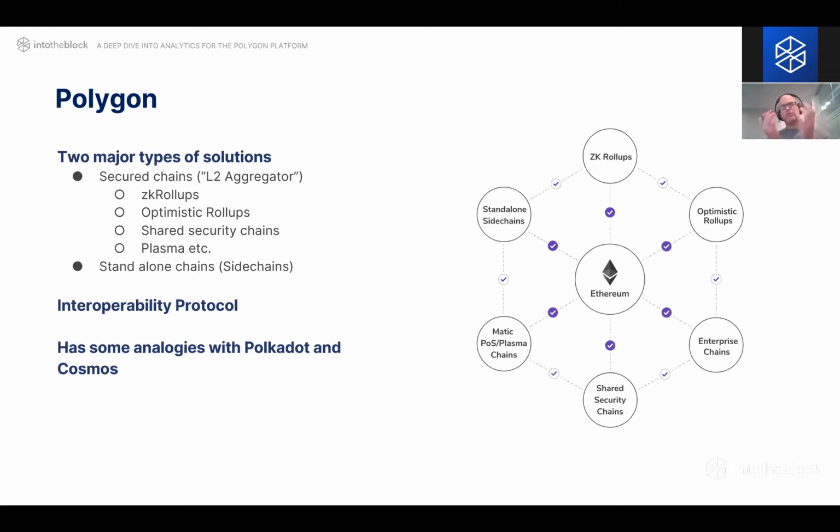to Polygon, and it also allows you to launch standalone sidechains compatible with the EVM. So a way to think about Polygon is a platform in which you can get the best of Ethereum, right? The Ethereum blockchain, and the best of standalone sidechains that are EVM compatible. And not surprisingly, many people draw analogies between Polygon and Polkadot and Cosmos because of the interoperability capabilities of the platform.